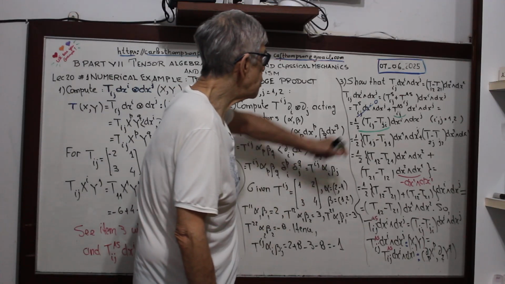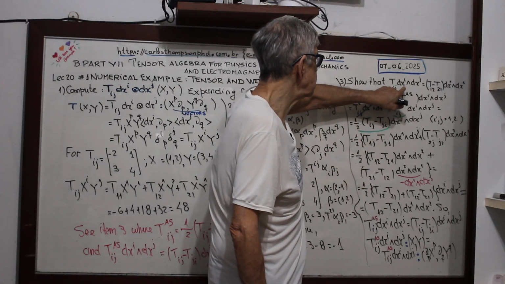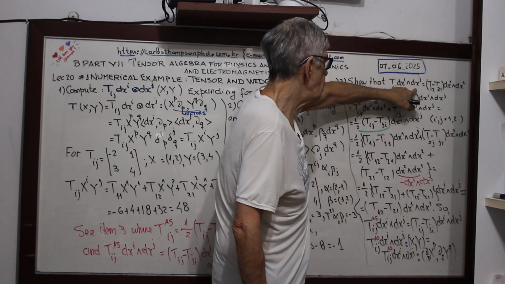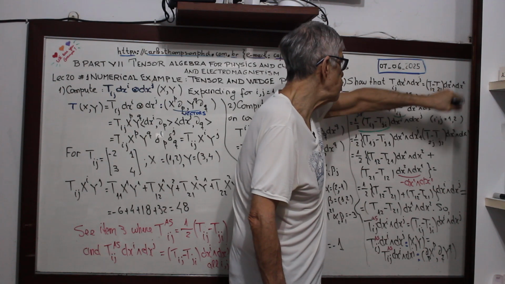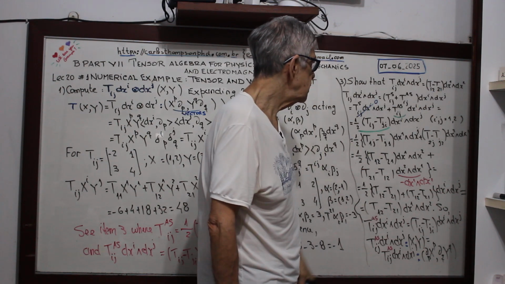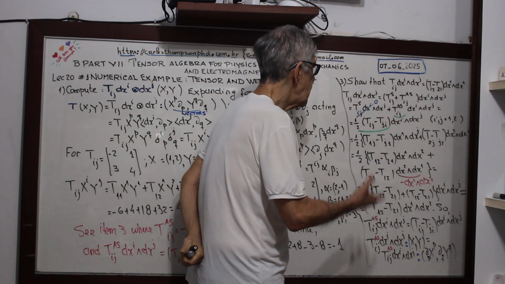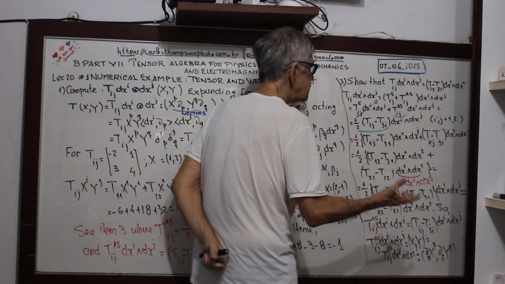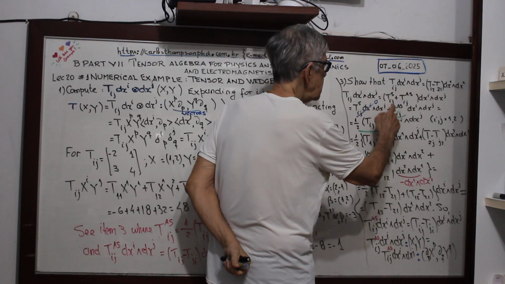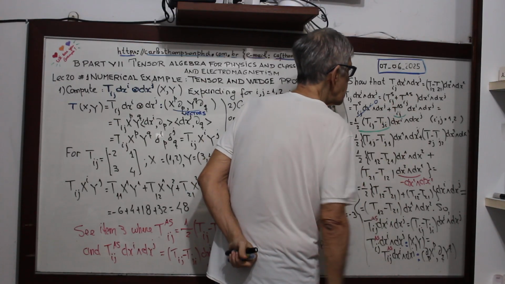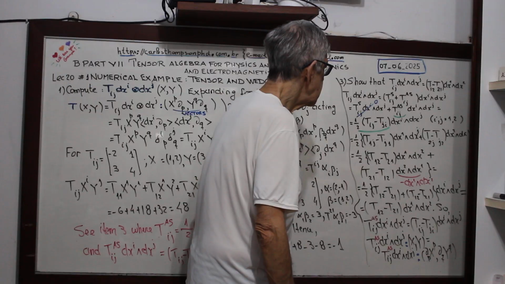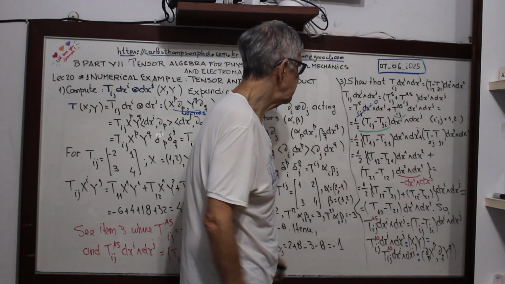Now, let's show that T_ij dx^i wedge dx^j is T12 minus T21. So I can express T_ij in a symmetric part and an antisymmetric part. That's what we did previously.